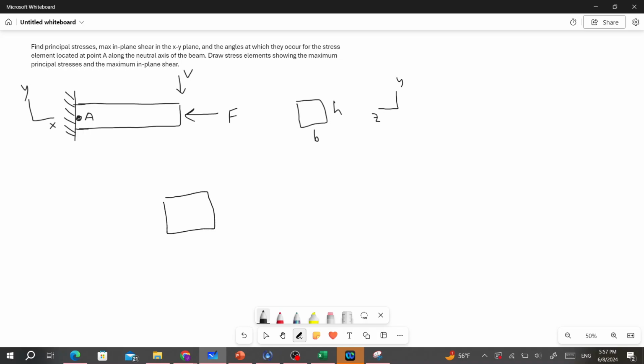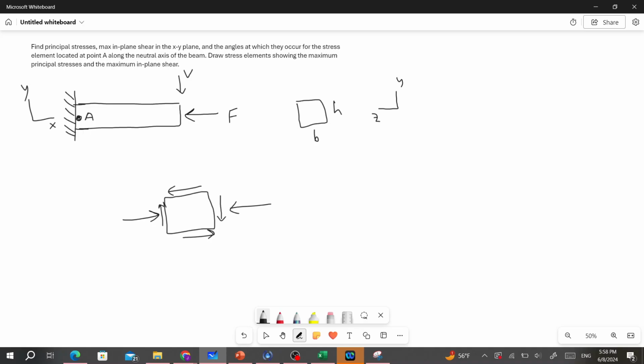So this is something you've had practice with now. We know that we're going to have this compressive stress in the x direction, and we have a shear stress that is going to be acting in the negative direction.